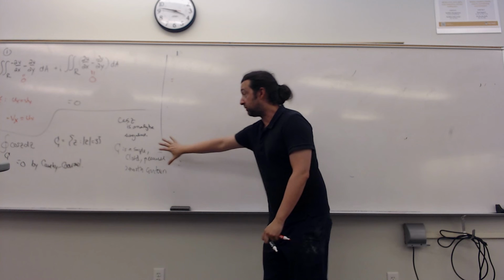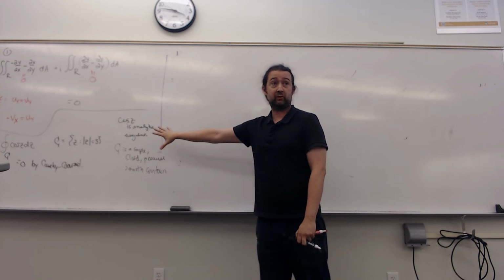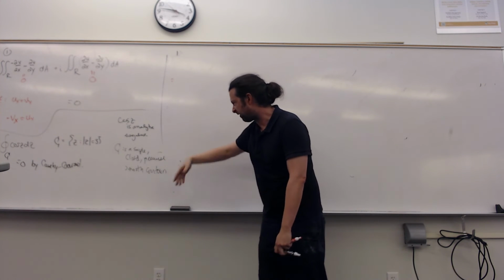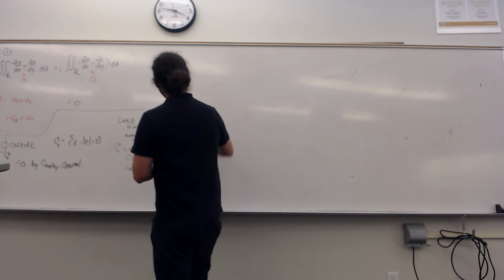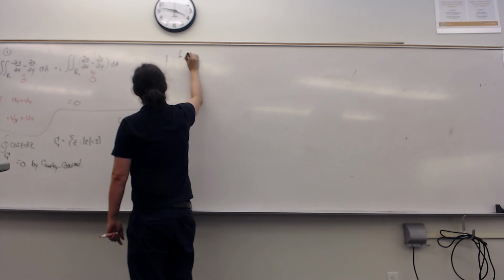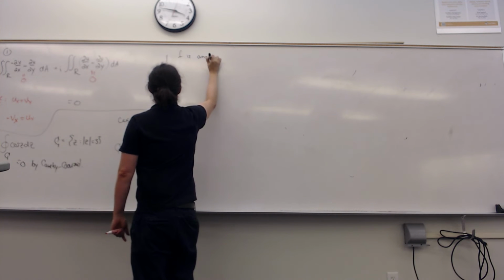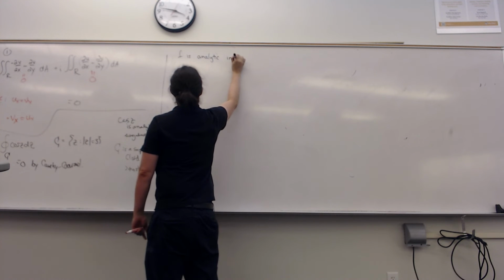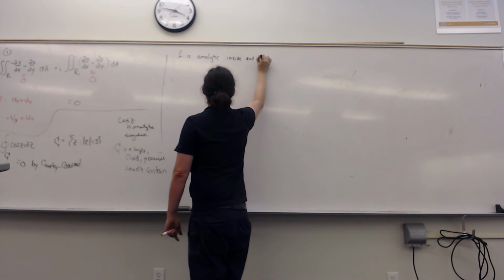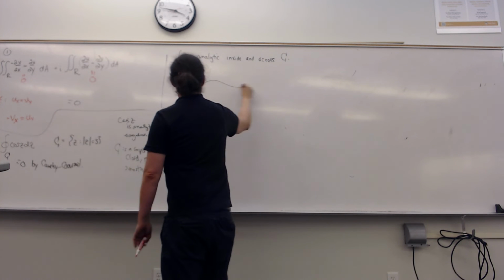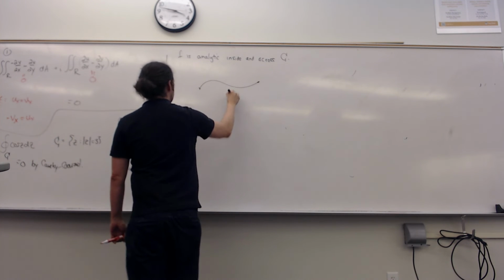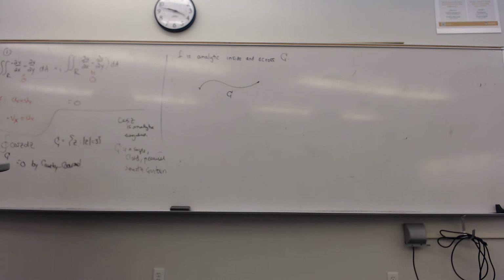There's actually an even easier way of writing all this nonsense. There's a phrase that covers all of this, the analytic everywhere, and simple closed, piecewise smooth contour, because who wants to write that over and over again? What you say is, f is analytic inside and across the contour of C. And whenever you say that, what you mean is that if you have a contour, you can find a simply connected domain that completely surrounds the contour on which the function is analytic.